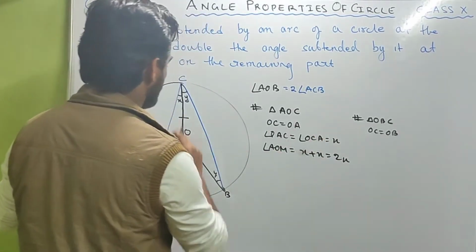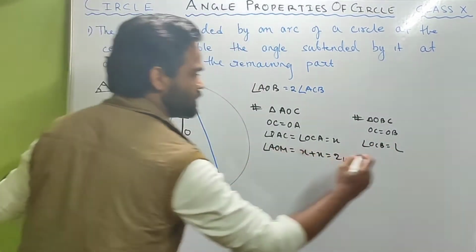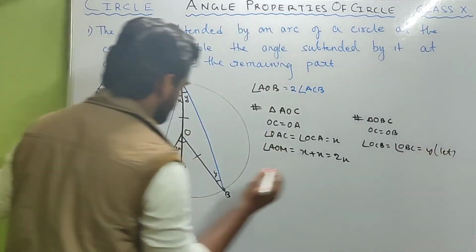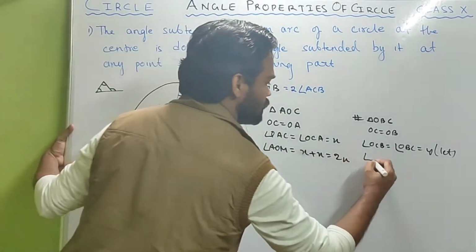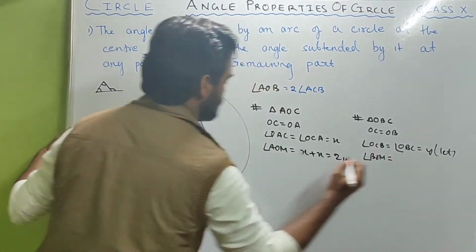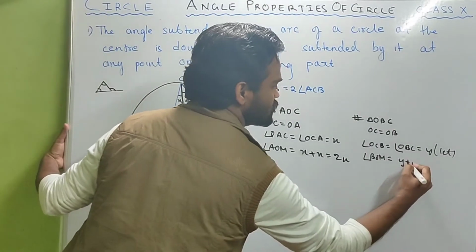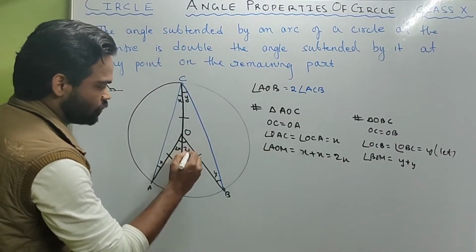Let OCB is equal to OBC equals y. Then definitely this angle BOM will be equal to y plus y. Same, exterior angle equals the sum of opposite interior angles. So this will be 2y.